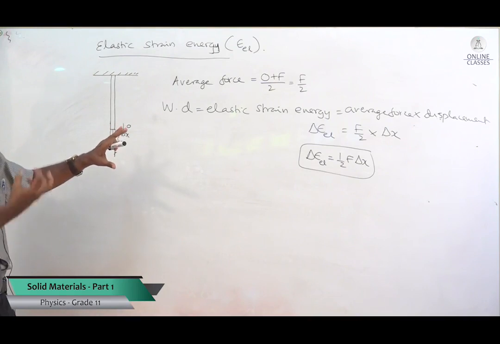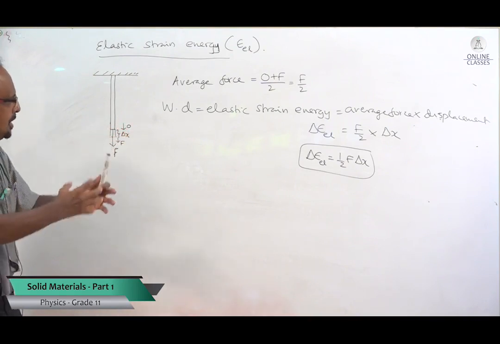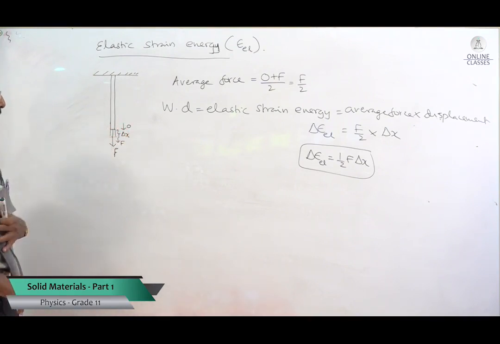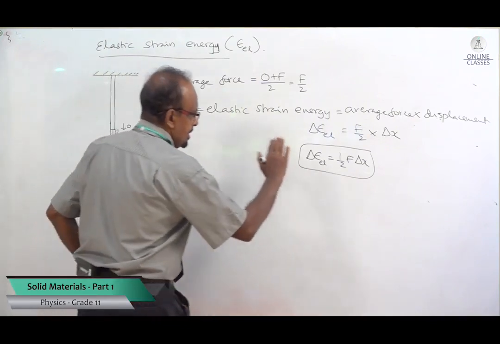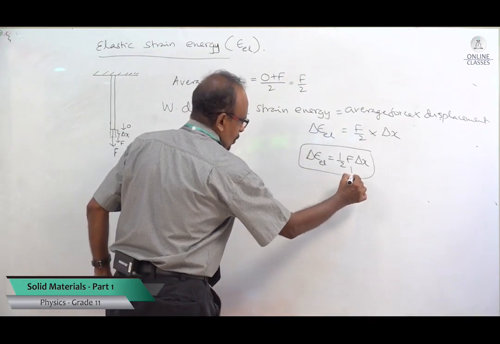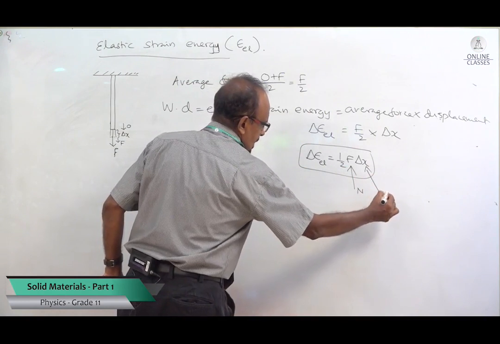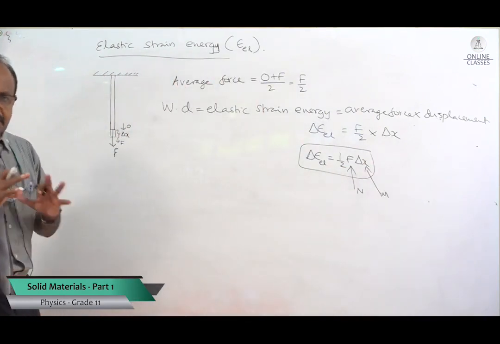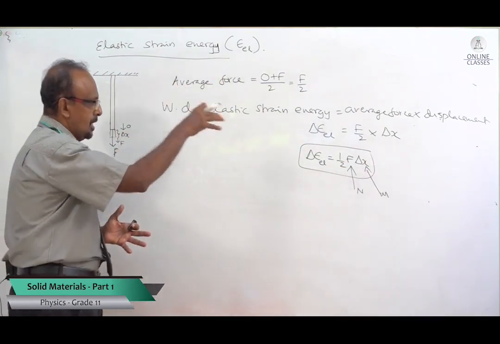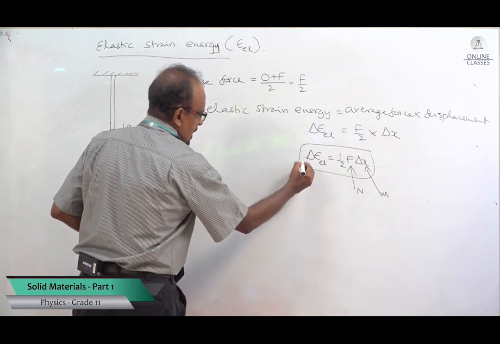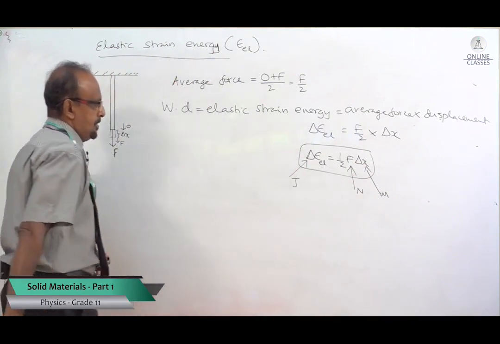Whatever work is done will be stored as elastic strain energy, and that is equal to average force into displacement. When you do these questions, F should always be in newtons and delta x always in meters. When they give centimeters or millimeters, convert into meters, and the answer will always be in joules.